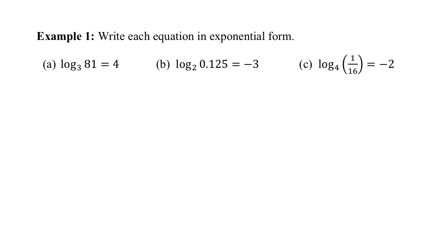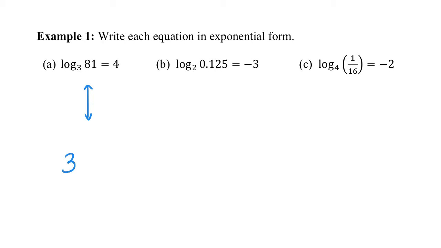So let's start with part A. Write each equation in exponential form. So let's go from log to exponential. And if we're forgetting our rule, remember to keep the bases the same, and then switch the other two. So if I want to make this into exponential form, I make the base of my exponent 3. So the base remains the base.